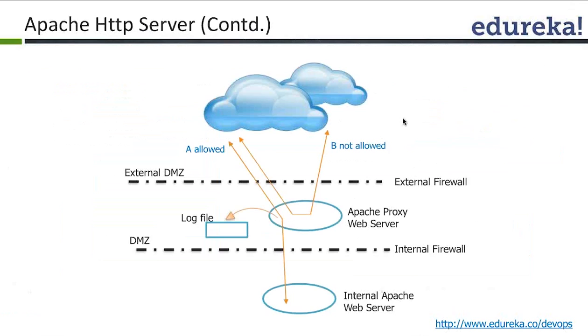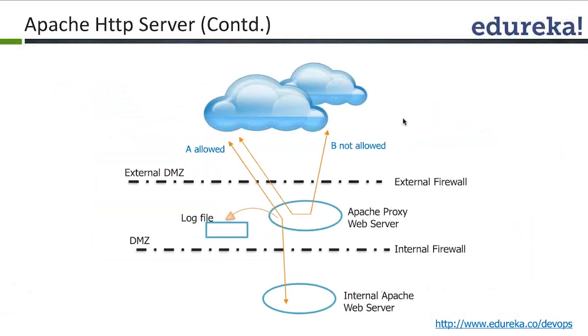Okay, so the whole idea of having a web server is definitely to do some kind of content serving. Now, for this content serving to happen, we have to integrate this with our DNS. Otherwise, we'll have a problem, right? That's what we have seen.